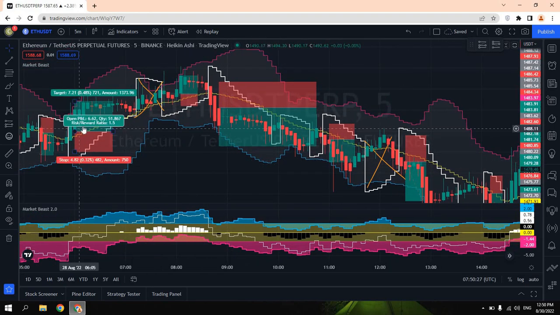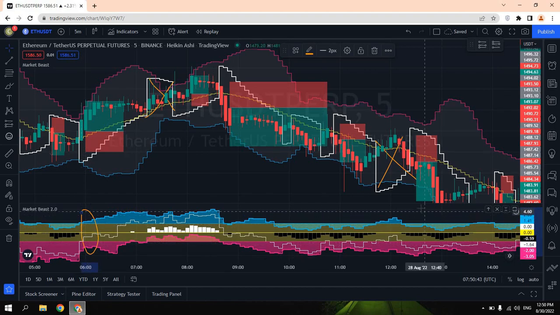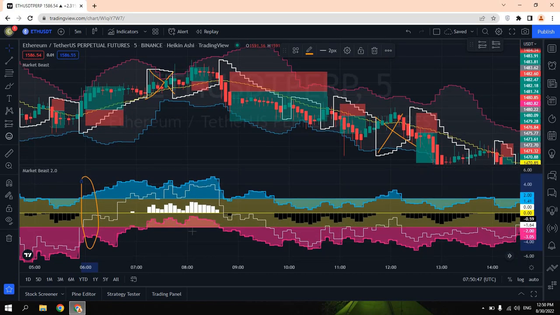So let's see this trade here first. As you can see, let me select this area. Look at this. The blue area is getting large, as you can see. Let me zoom in a little bit.